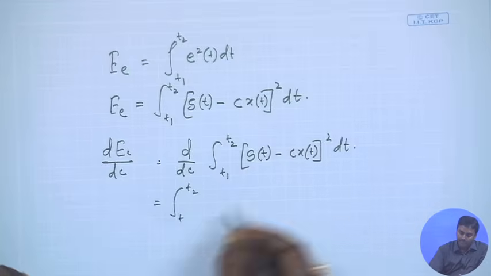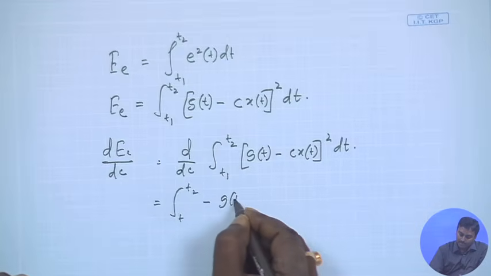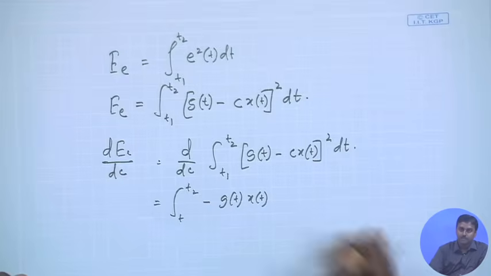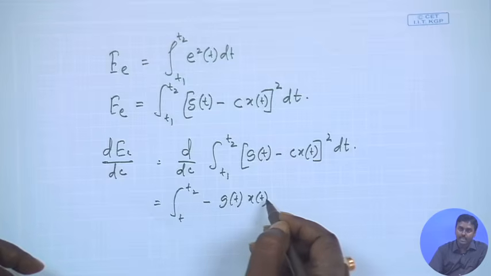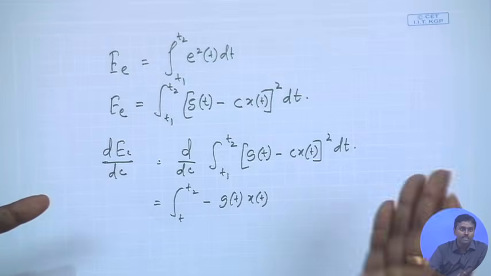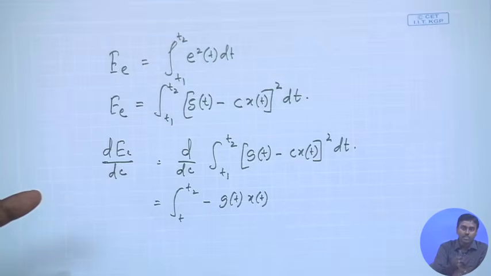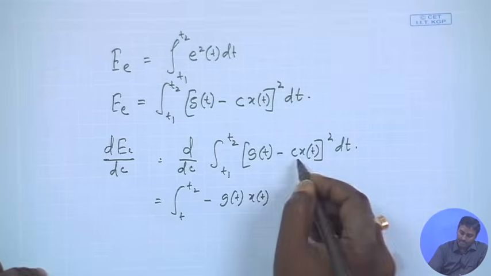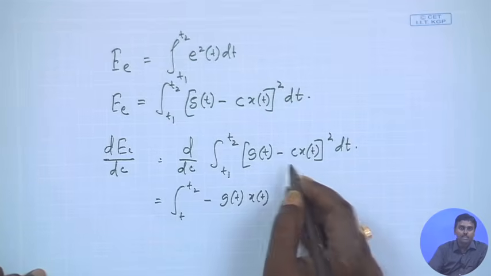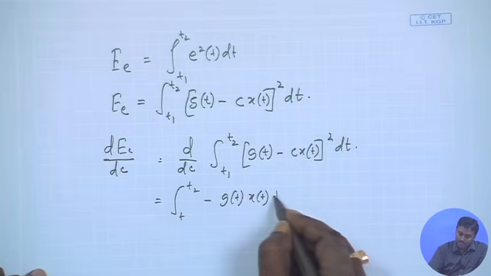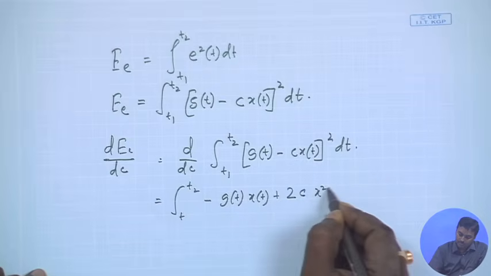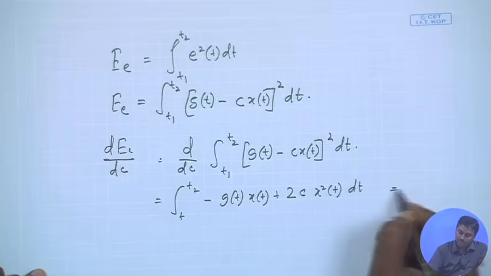So, if I differentiate it, it will be just minus GT XT, right. I am differentiating with respect to C, remember. So, it was C GT XT, d/dC of C, because GT and XT do not depend on C. So, they will be coming out, it is just 1. Okay. The next is plus C square x square t, right. So, C square x square t should give me 2C x square t dt, this must be 0.